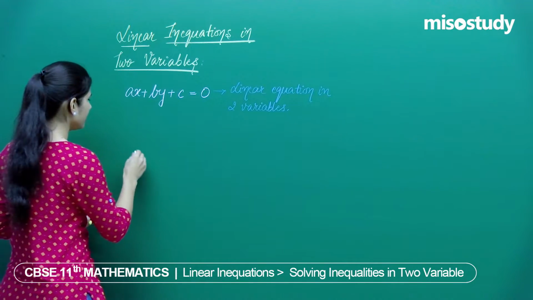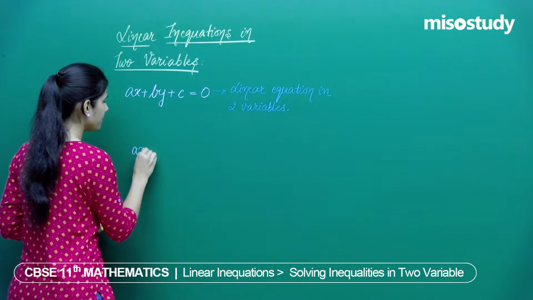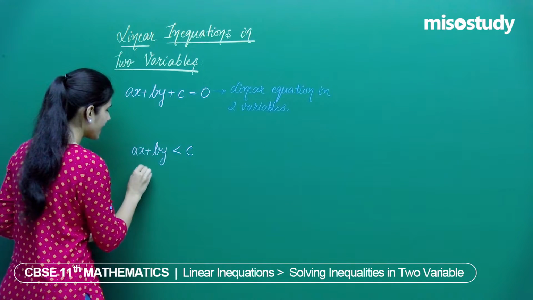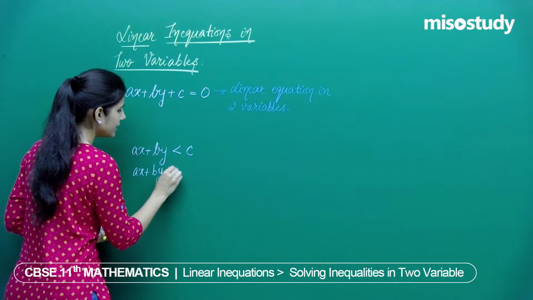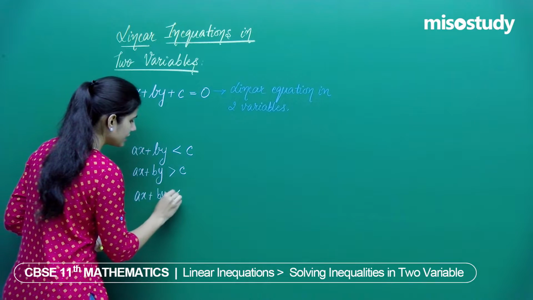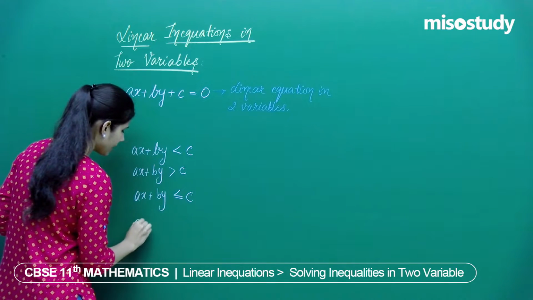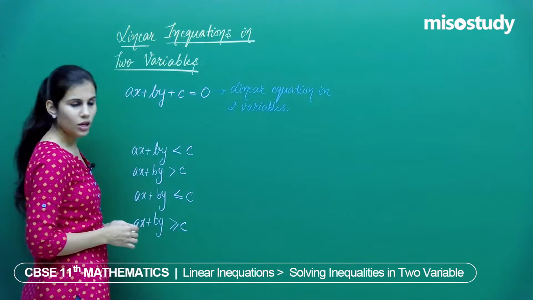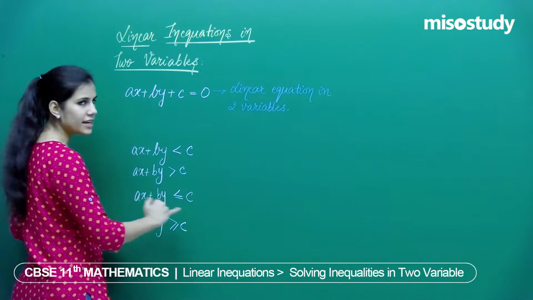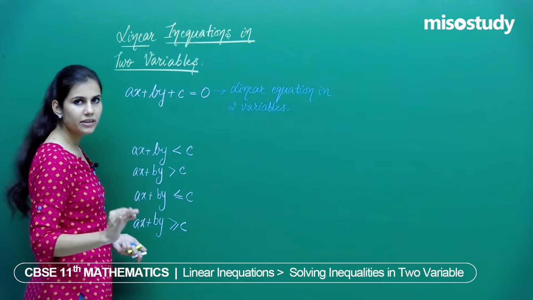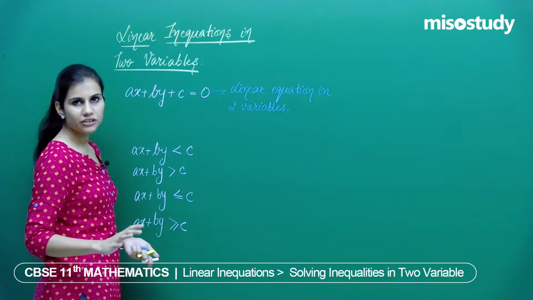And if I say ax plus by is less than c, or ax plus by is greater than c, or ax plus by is less than equal to c, or ax plus by is greater than equal to c. Over here again, a, b, c everywhere are real numbers. A and b sitting as coefficient of x and y are necessarily non-zero. C can be any real number.